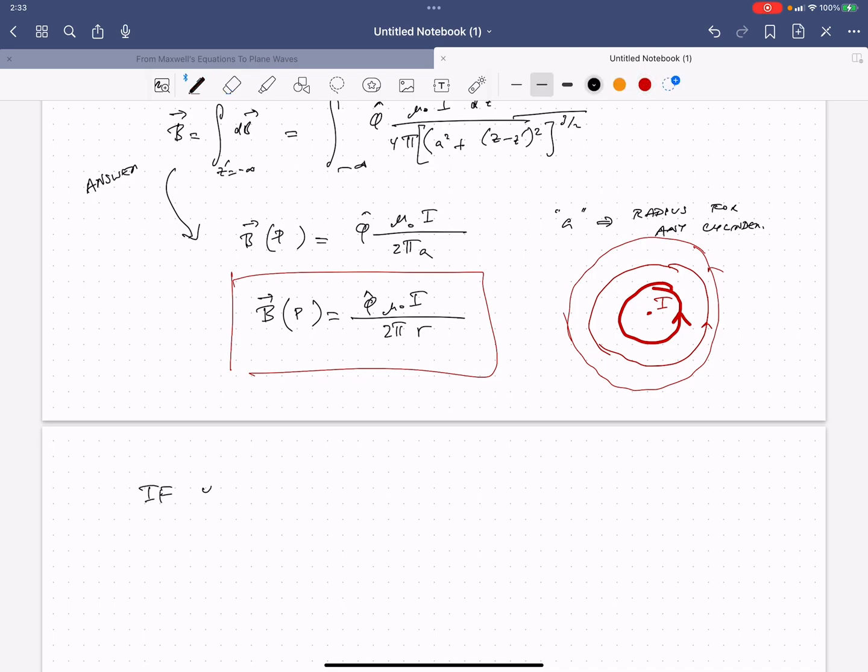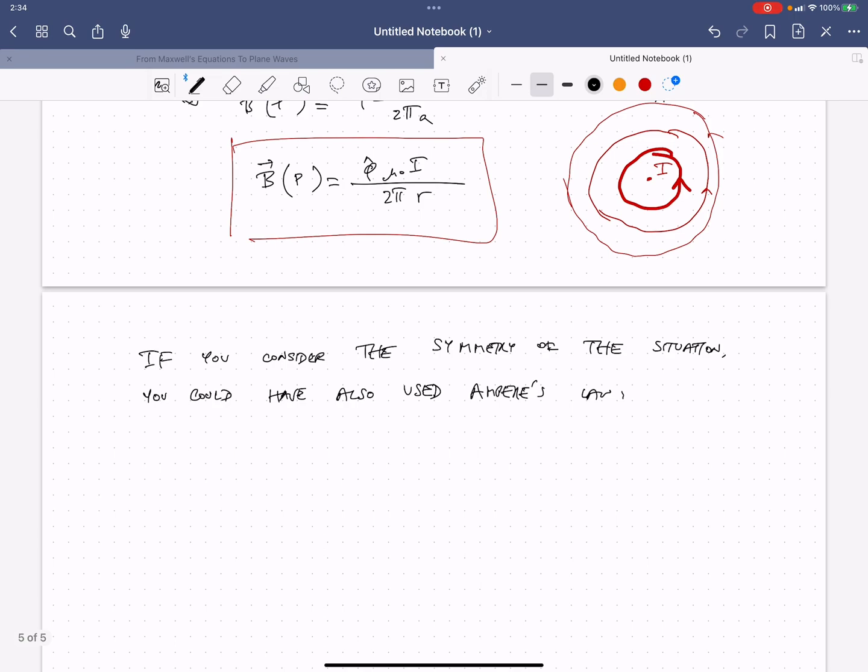If you consider the symmetry of the problem, you could also have used Ampere's law. So what does Ampere's law look like?